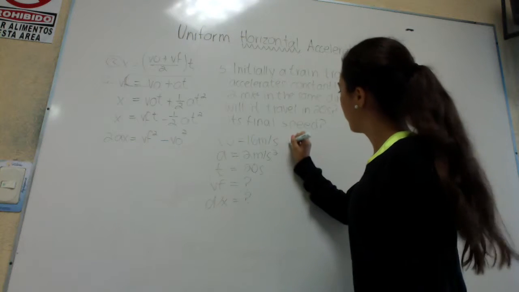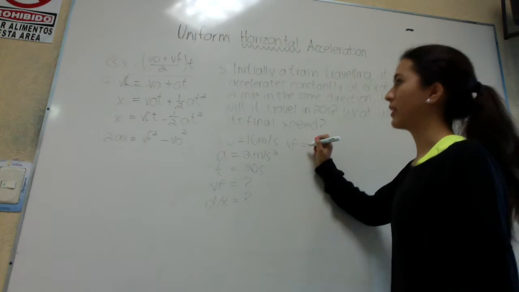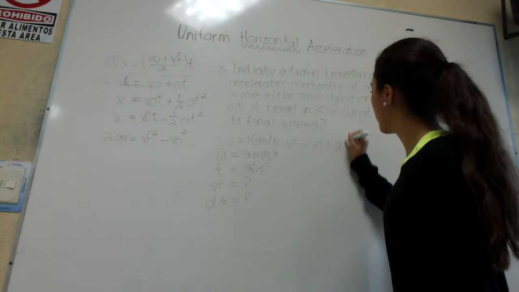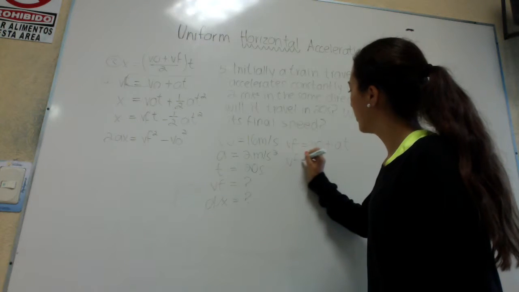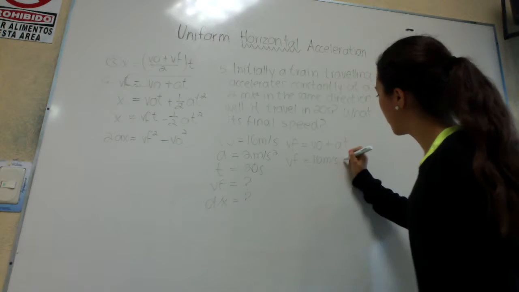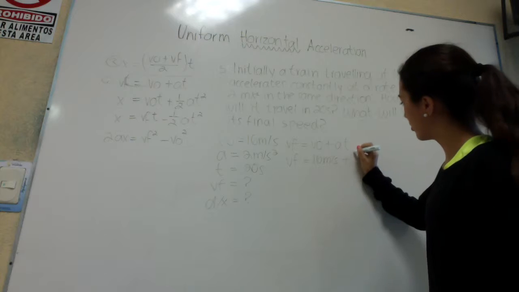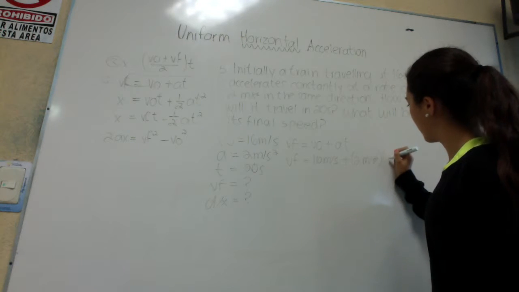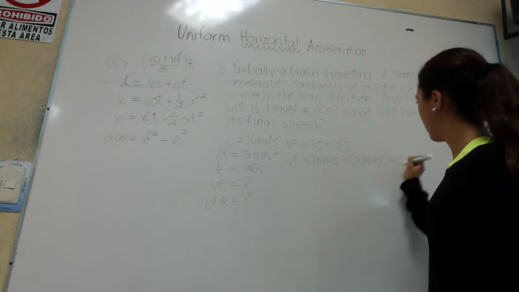So the formula for final velocity is initial velocity plus acceleration times time. So we have 16 meters per second plus acceleration 2 meters per second squared times time, 20 seconds.